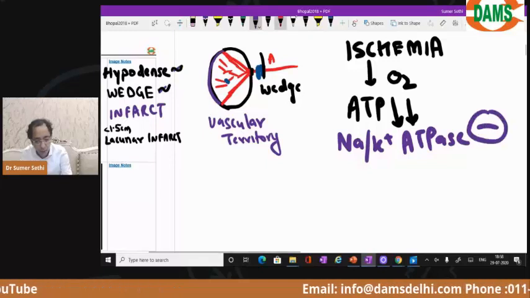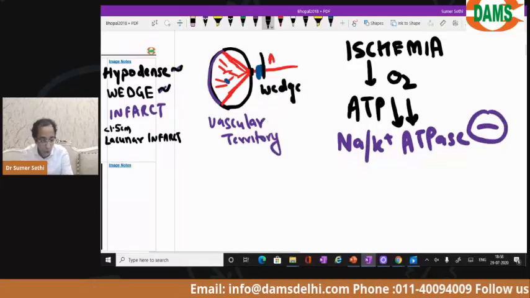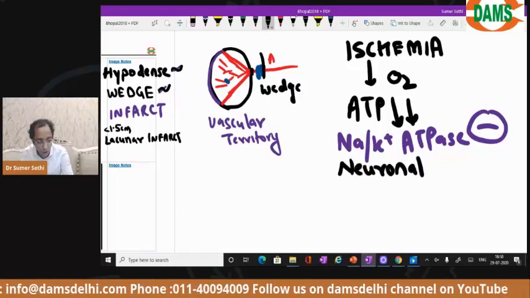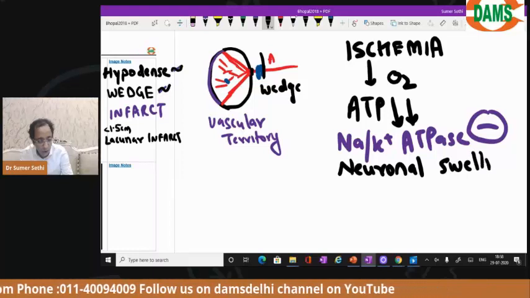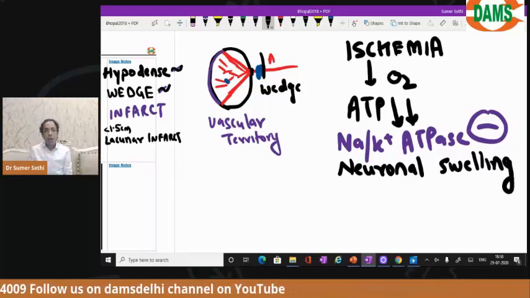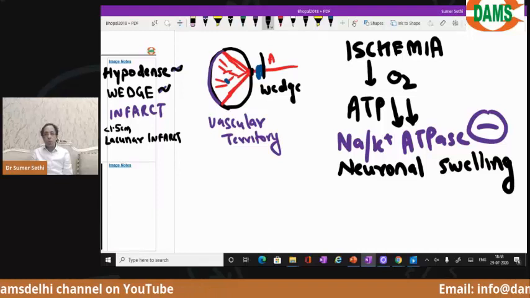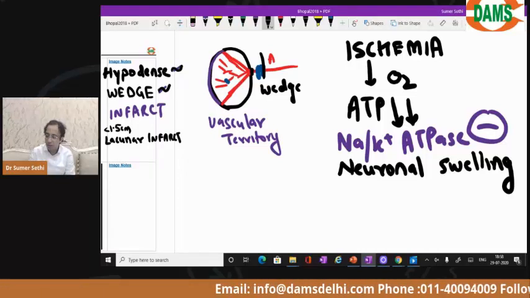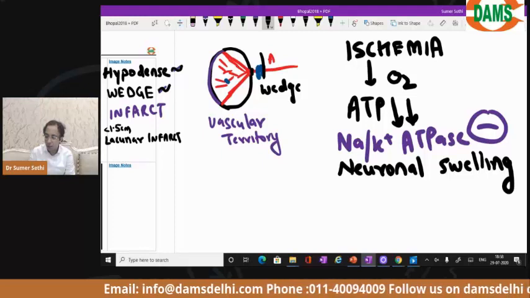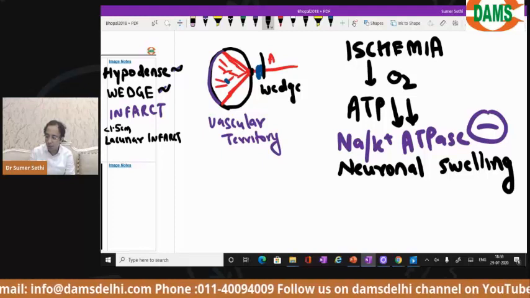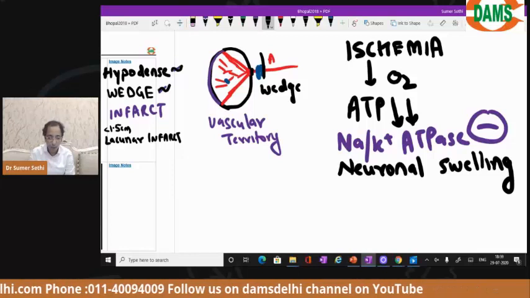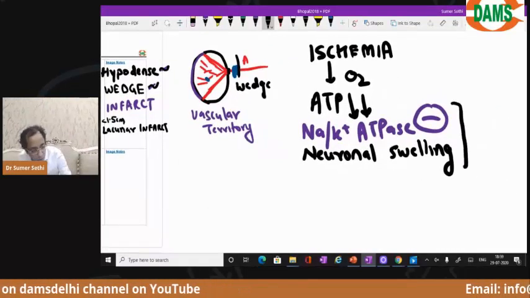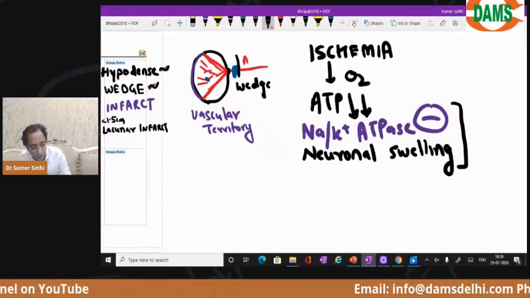When the sodium potassium pump does not work, the neurons become swollen. So this is what they will tell you in pathology, that if you look at the infarcted area under the microscope, the neurons appear swollen. Are you clear with this? Yes? Okay, now please see with me and answer. This is not visible on CT. We cannot see this on CT.